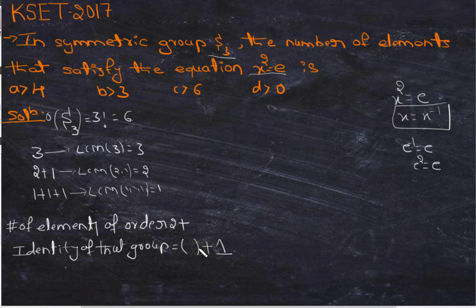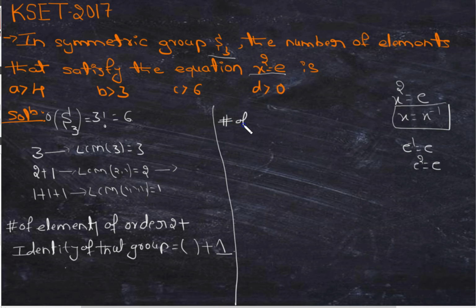This total quantity gives the elements satisfying x square is equal to identity. Therefore, I want to calculate the elements of order 2 by using that formula.